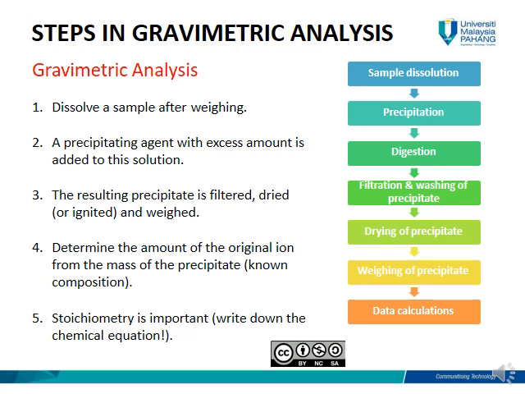These are the steps in gravimetric analysis. For you to do a gravimetric analysis experiment, the first step is to dissolve a sample after weighing. Sometimes the sample is in solid form, so you need to dissolve it first, then you can do the analysis.